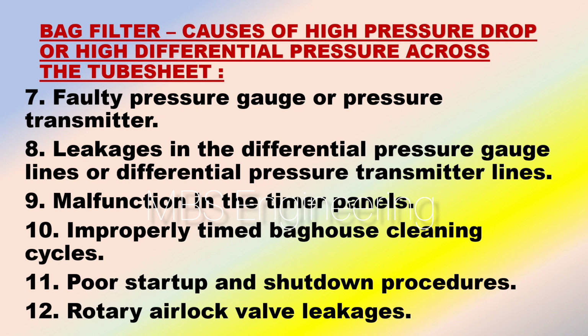Leakages in the differential pressure gauge lines or differential pressure transmitter lines. Point number 9. Malfunction in the timer panels. Point number 10. Improperly timed baghouse cleaning cycles. Point number 11. Poor startup and shutdown procedures. Point number 12. Rotary airlock valve leakages.